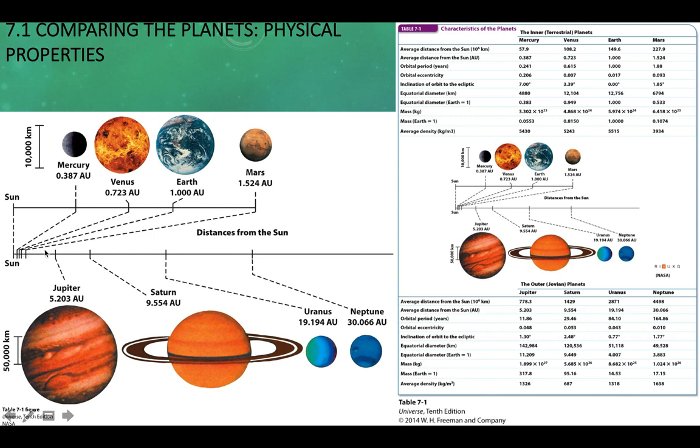But then once you go to Jupiter, Saturn, Uranus, and Neptune, you realize that these gaseous planets are really far away from the sun. As an example, Earth, which is found here, is at 1 AU from the sun, in comparison with Neptune, which is 30 AUs from the sun. So this is just for you to have an idea about the distances between the sun and the planets.